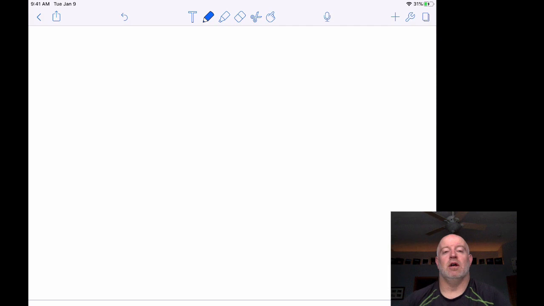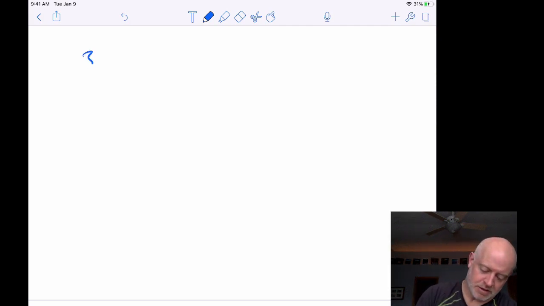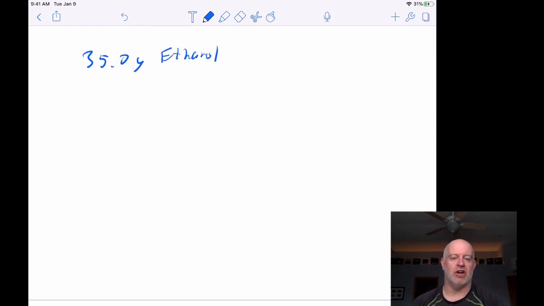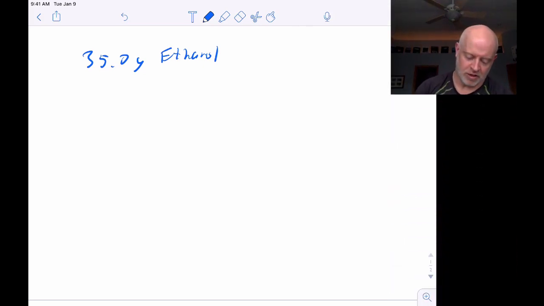Again, let's set this up and see where we're at. So we have 35 grams of ethanol right now, and we are starting as a liquid at 50.7 degrees Celsius.